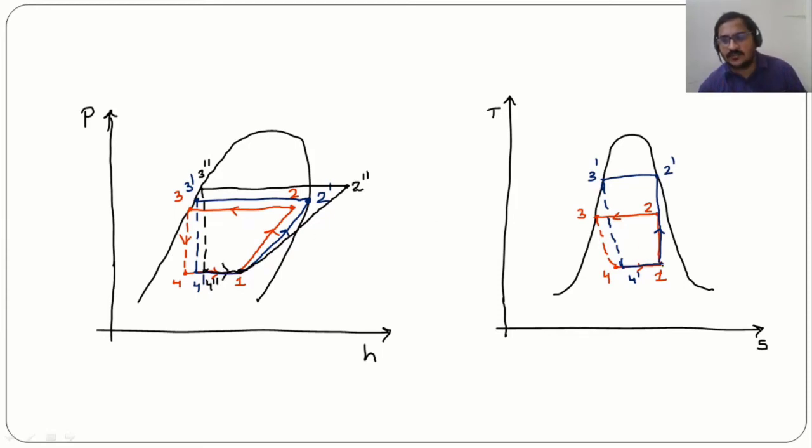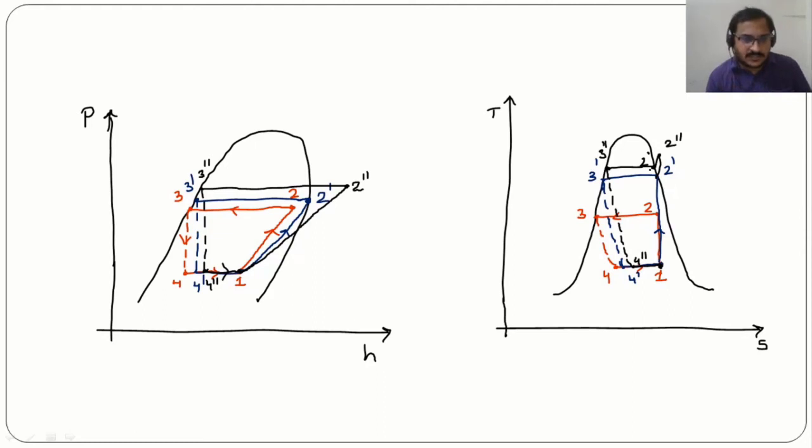So here if superheated refrigerant has to come out, it should come out from here, this is 2 double dash, then from here superheated to the saturation state, then phase change, then here the throttling expansion has to take place, and 4 double dash to 1 is the refrigerating effect.